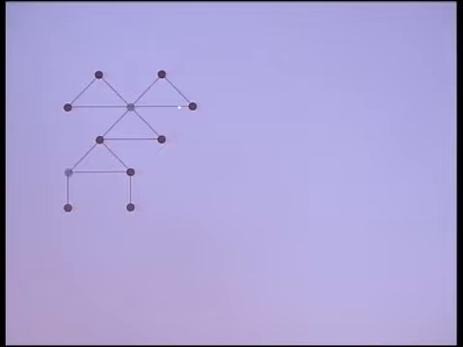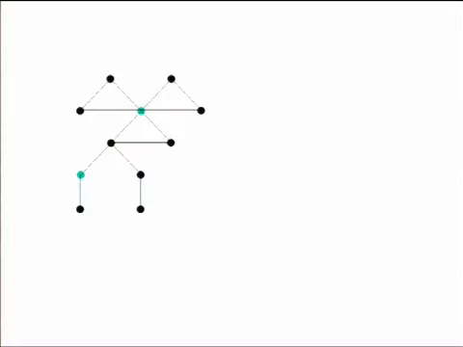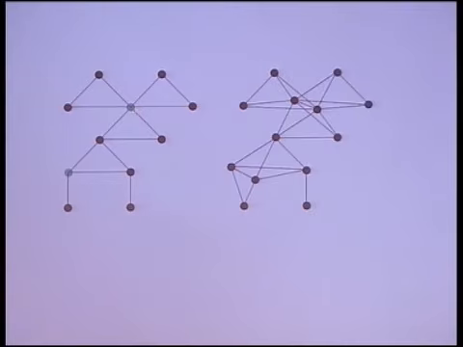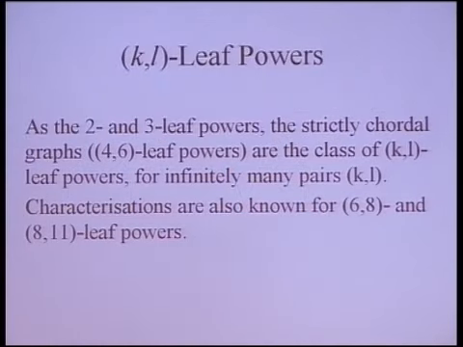And if you substitute a clique into a vertex like this, it still stays a block graph, as you can see, but if you, for example, substitute an edge in there, this is the result. So this is an example of a strictly chordal graph, which is a 4,6-leaf power. I would quickly want to say that those 2,3-leaf powers and the 4,6-leaf powers appear infinitely many times as k,l-leaf powers, in the sense that this happens for infinitely many pairs k,l.